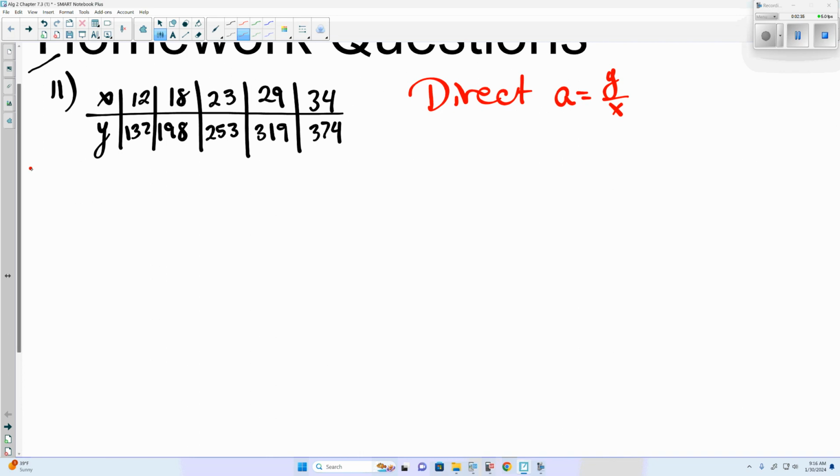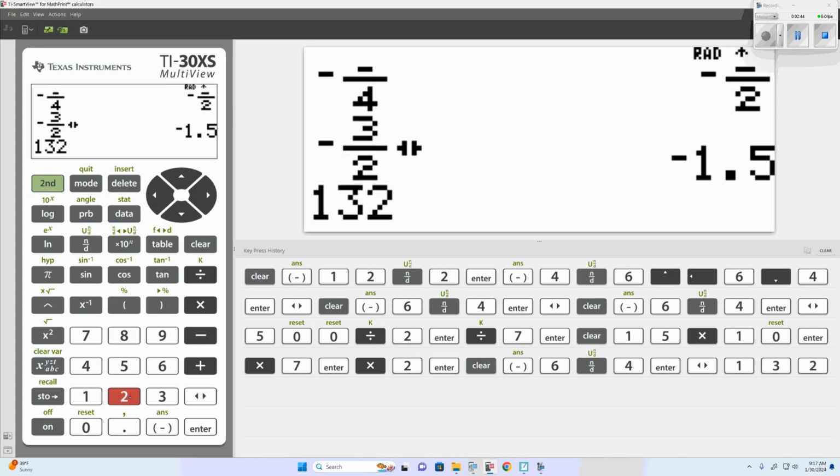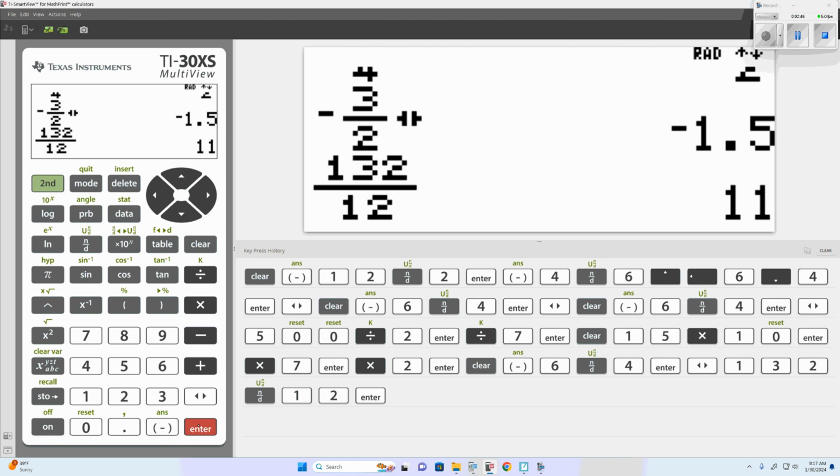So if we look at this here, we're going to take 132 and divide it by 12. And we can do that in a calculator. 132 over 12 is 11, yes.